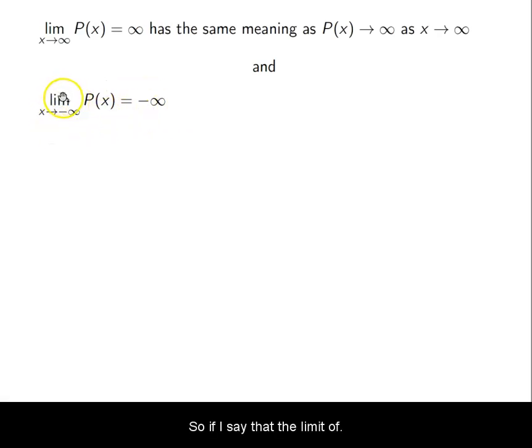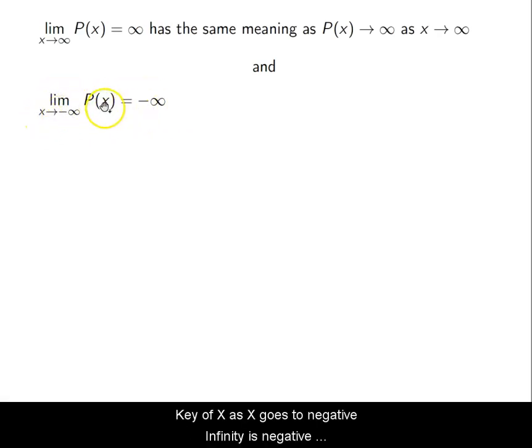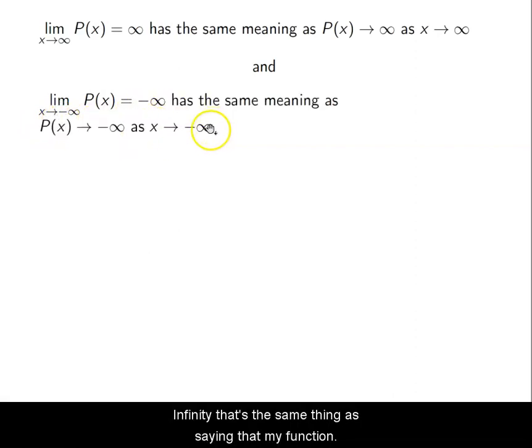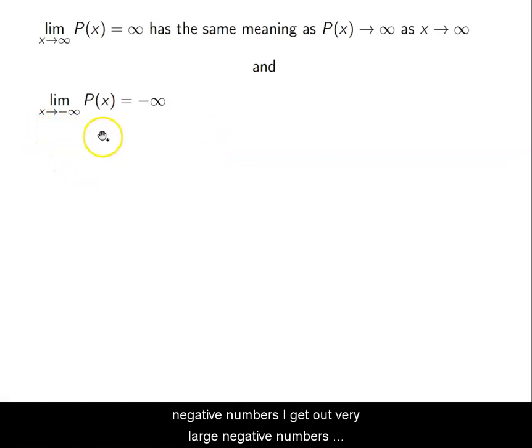So if I say that the limit of P of x as x goes to negative infinity is negative infinity, that's the same thing as saying that my function gets very large and negative as x gets very large and negative, right? Like if I plug in negative 1 million, I'll get out negative 1 billion. So as I plug in very large negative numbers, I get out very large negative numbers. That is what this notation is saying.